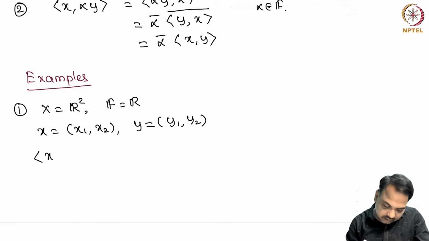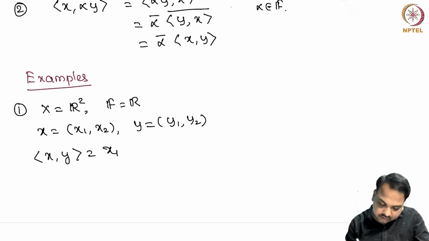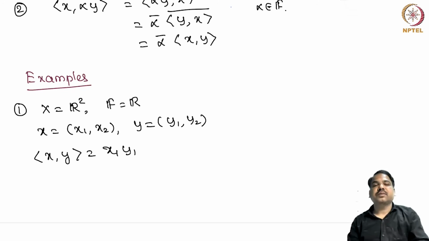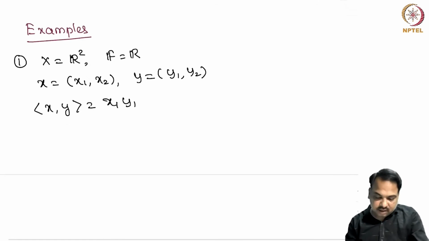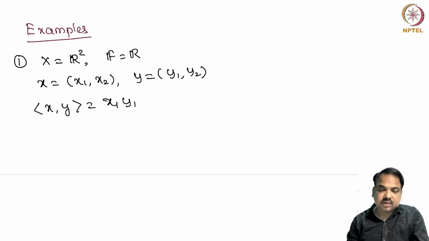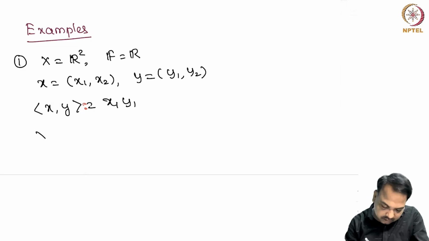Define the scalar product of X with Y as X1 Y1 bar. Here it is the real field, so this is X1 Y1. You can easily check that this satisfies all the axioms of semi-inner product. So we can conclude that X with this two variable function is a semi-inner product space.